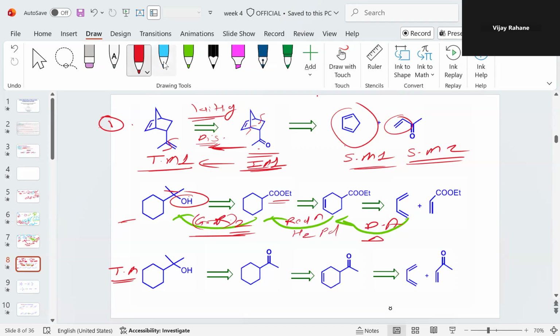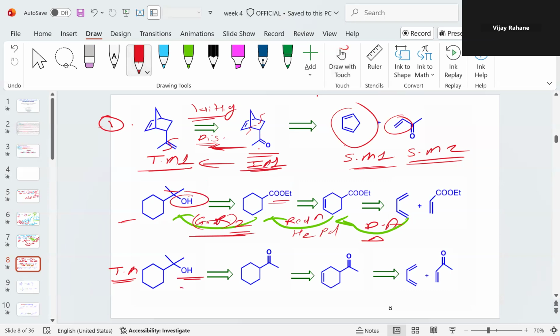All right. So if you look at another example given here, which is much more similar to the previous two examples, what is there in this example?